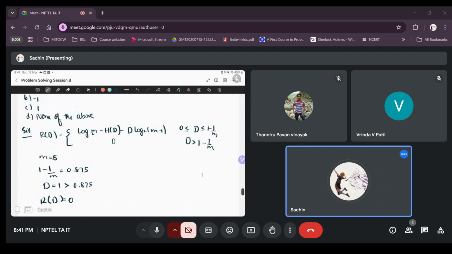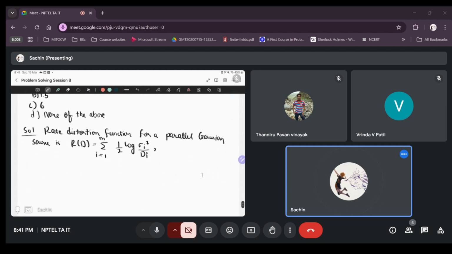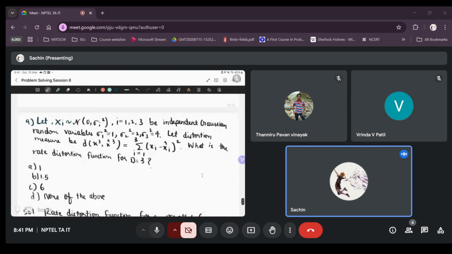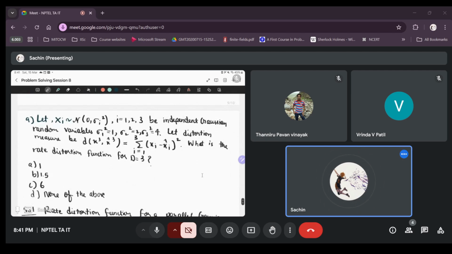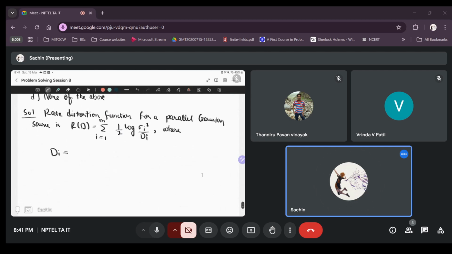It's the sum of half log of sigma i square by di. But the thing is, there's no di in the question, right? The total distortion that is allowed is D, which is 3. So we had a similar type of thing.